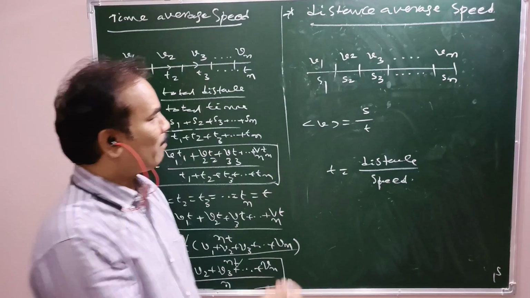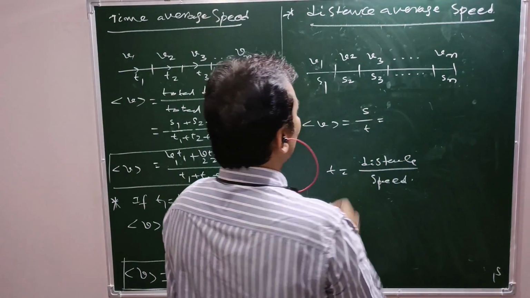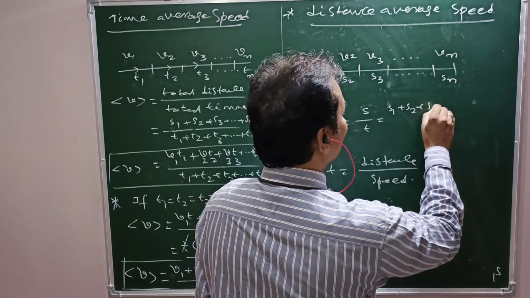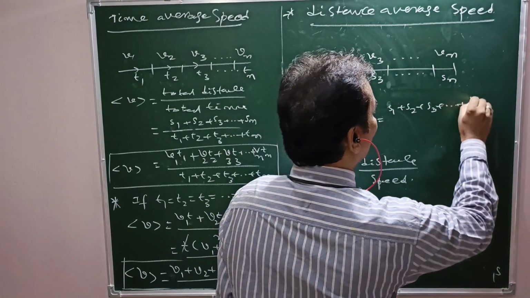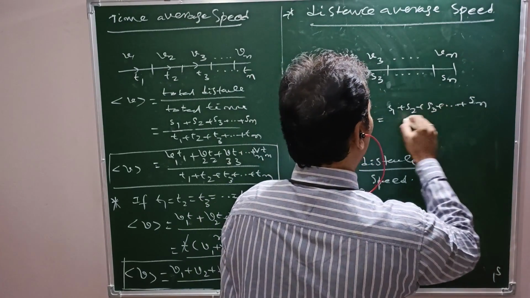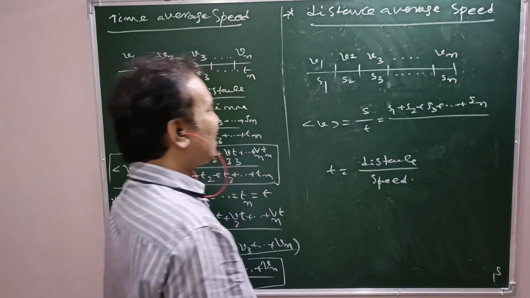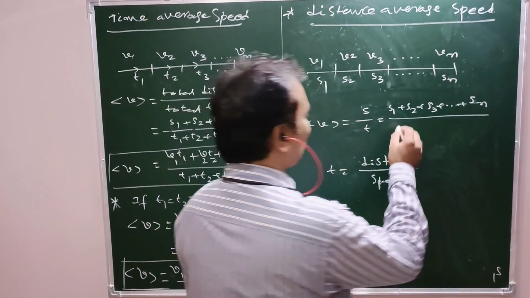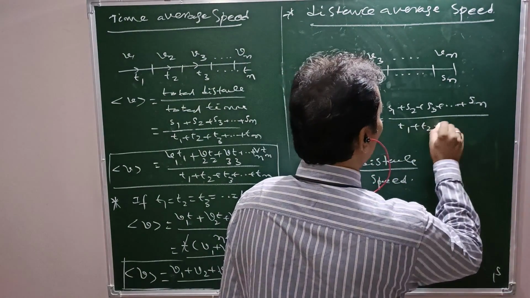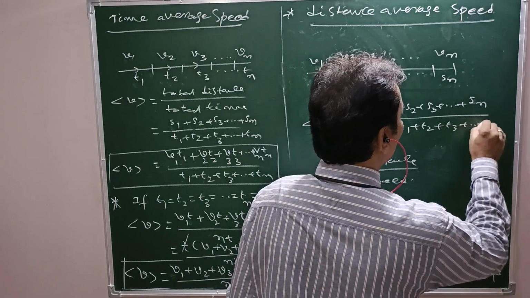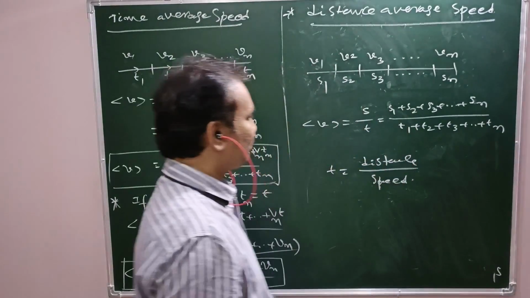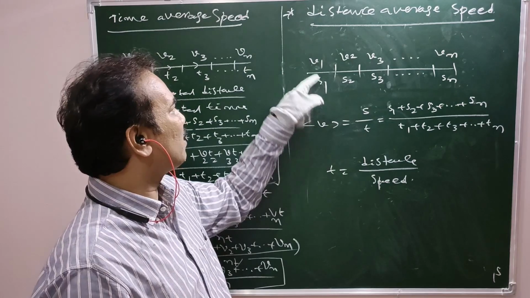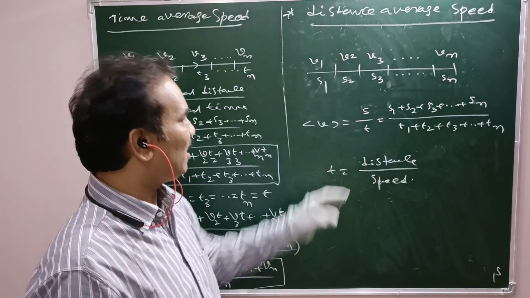Right? So replace here. S means total distance, that is S1 plus S2 plus S3 plus up to Sn, divided by the total time: for this segment T1, for this segment T2 and so on, so T1 plus T2 plus T3 plus up to Tn. Now replace T in the sense distance by speed. Here T1 means S1 by V1, here T2 means S2 by V2 and so on.